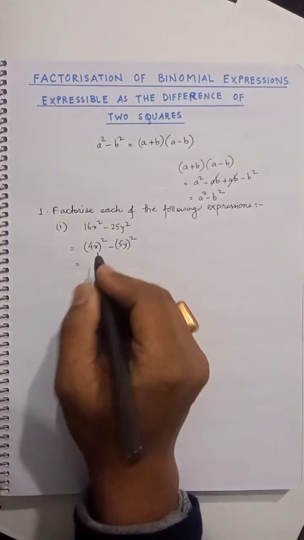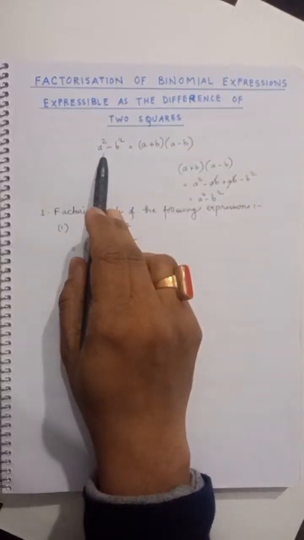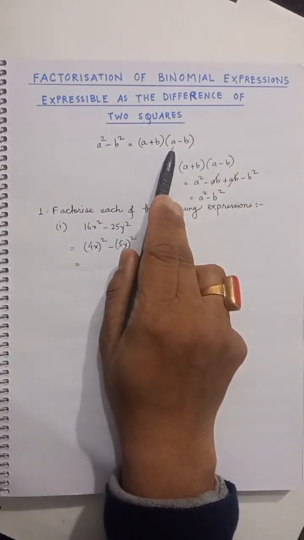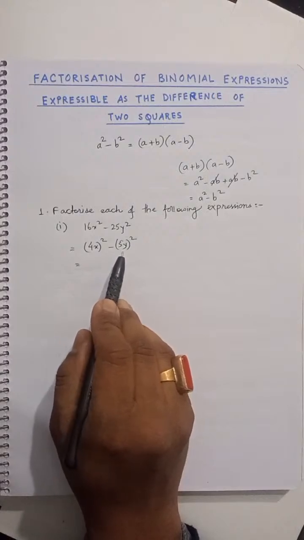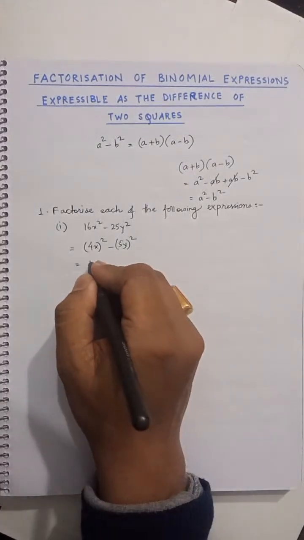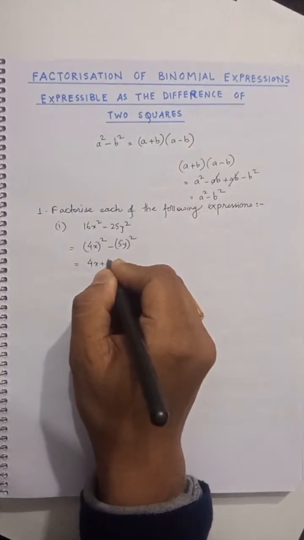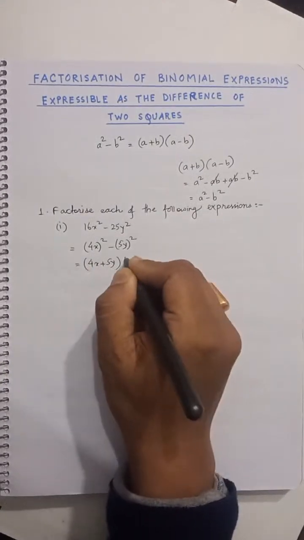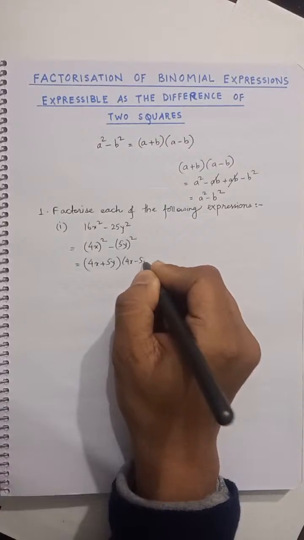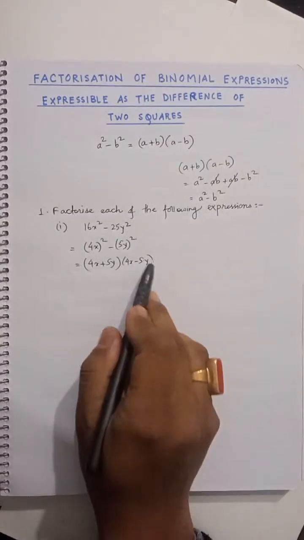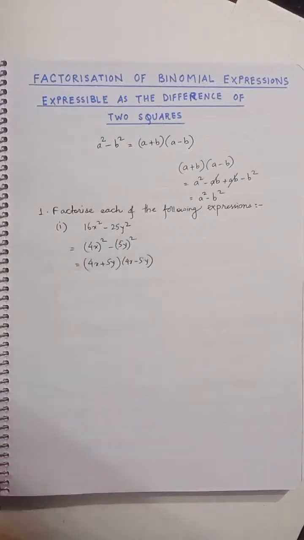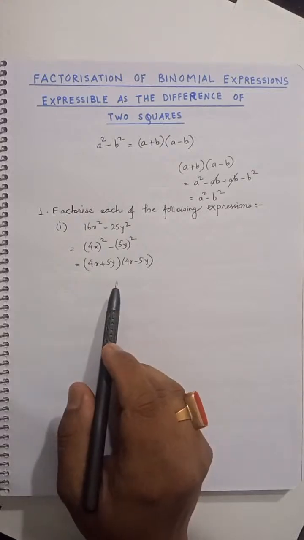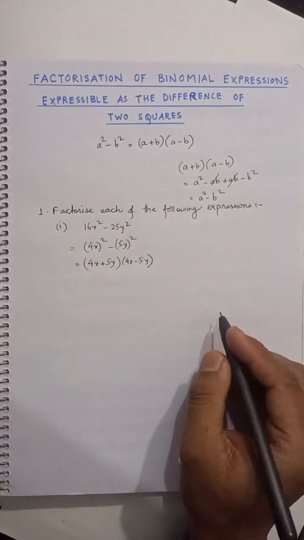So a square minus b square reduces to a plus b into a minus b. So 16x square minus 25y square gets reduced to 4x plus 5y and 4x minus 5y. So this is our solution. These are the two factors of 16x square minus 25y square. Very simple. We'll try a few more questions.